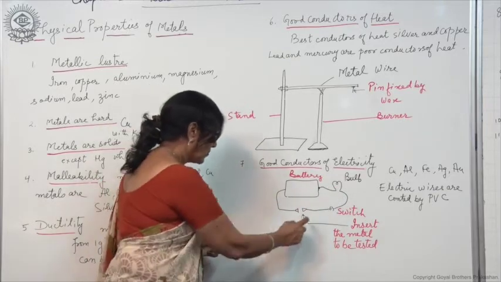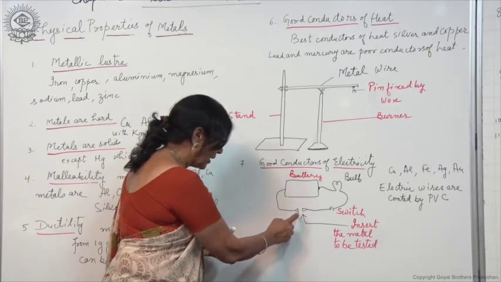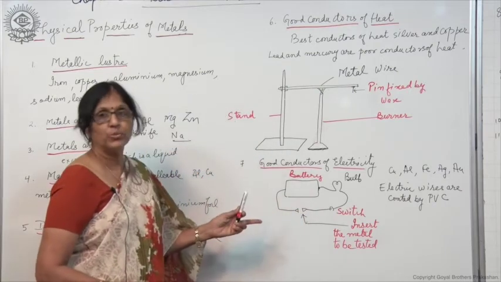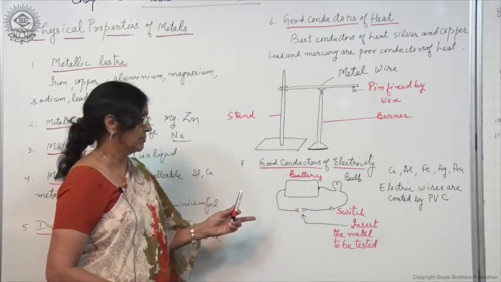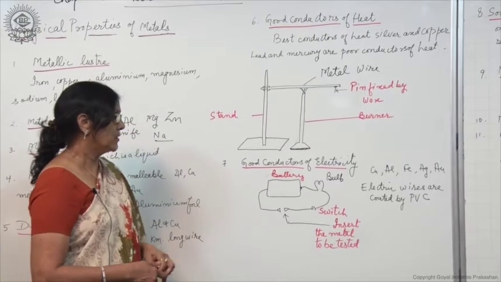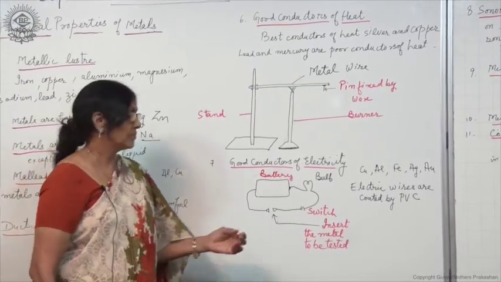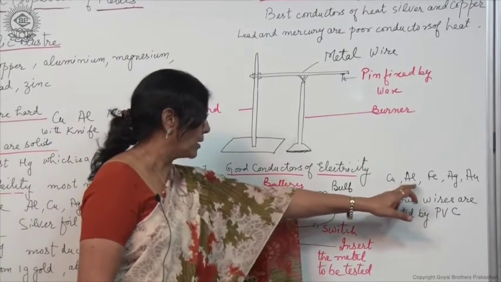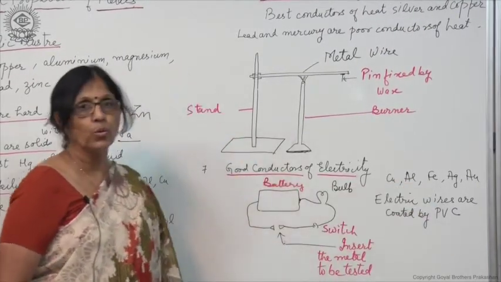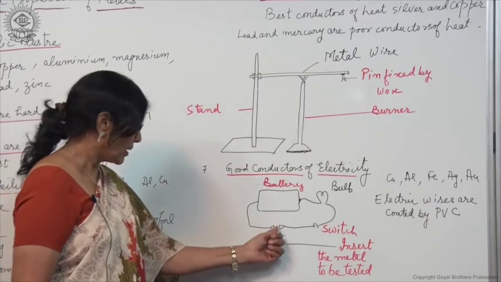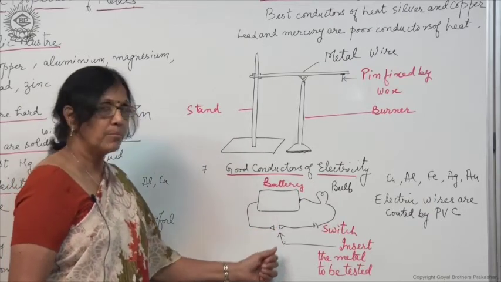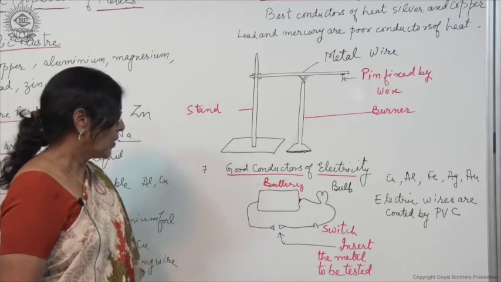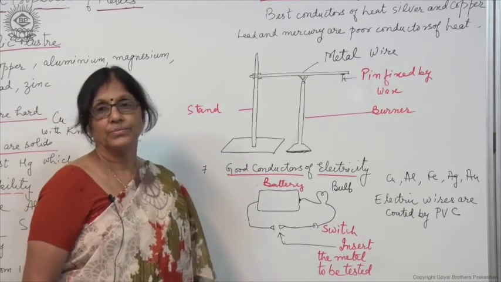This is the switch, and here in this space the metal which is to be tested is inserted. Different metals are taken and tested. It is found that when all these metals, copper, aluminium, iron, silver, gold, are placed in this space to complete the circuit, the bulb glows.